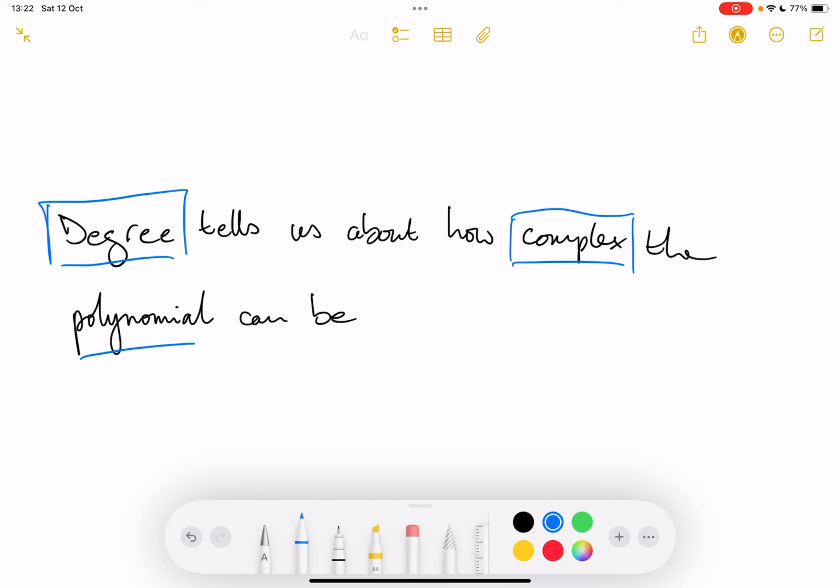So what I might say here is something like, now I'm going to show you how to identify the degree of a polynomial. I cannot explain today exactly what degree means or everything it tells us. I can tell you that the degree of a polynomial tells us something about how complex a polynomial might be. The higher the degree, the more complex it might be.